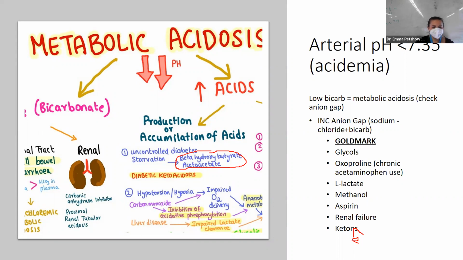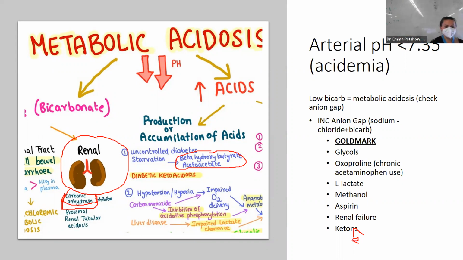In the renal system, you can have issues with our carbonic anhydrase, which is our bicarb system. Maybe you have an inhibitor that's preventing us from creating bicarb. You get low bicarb, so you don't have a good buffer. In our kidney, we exchange hydrogen ions, but we do that with bicarb, that feedback loop. So if we have a carbonic anhydrase inhibitor, we're not able to do that. We hold on to more hydrogen, and we don't excrete as much in the urine.